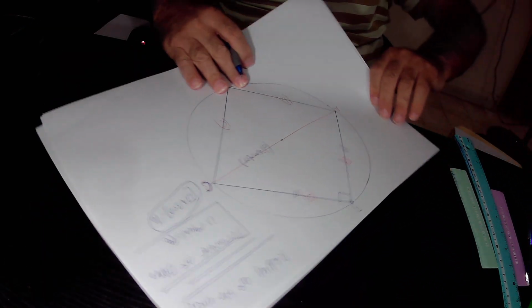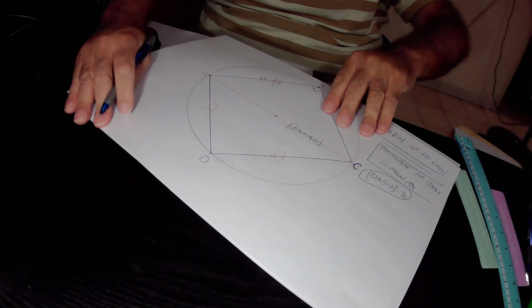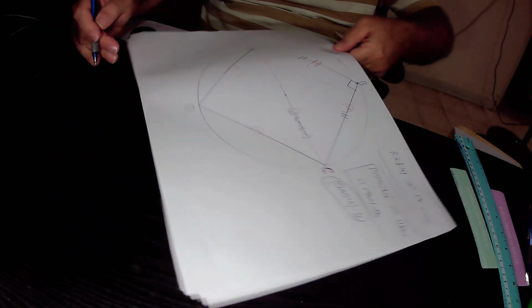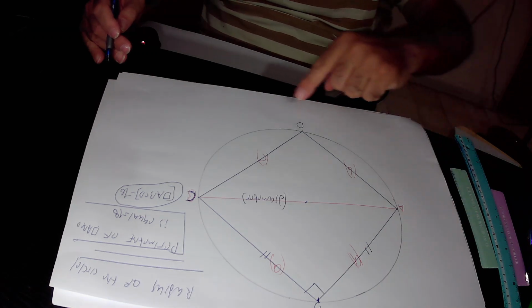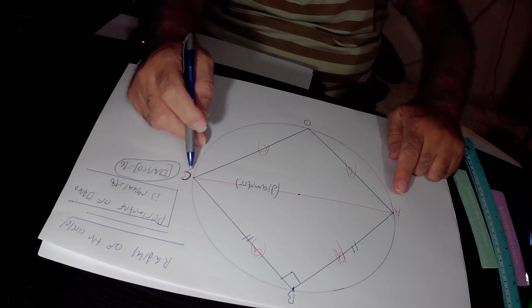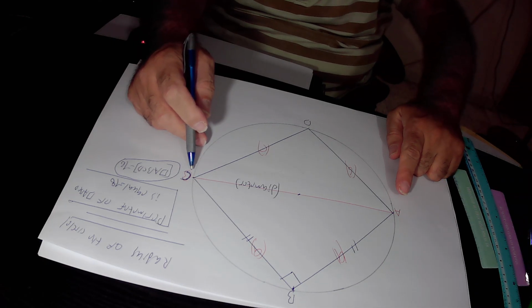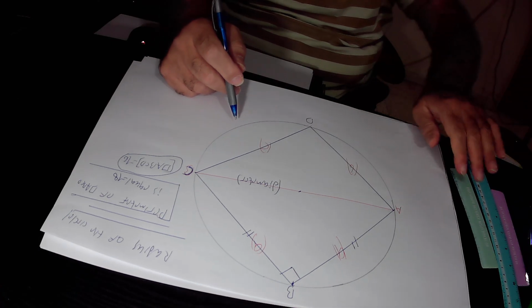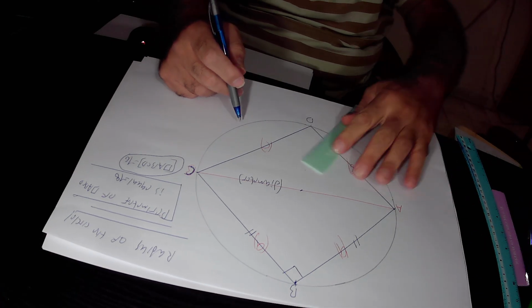Likewise, this is peripheral angle ADC that subtends the same chord AC, that is the diameter of the circle, and therefore peripheral angle ADC must be equal to 90 degrees in its size according to rule 7.